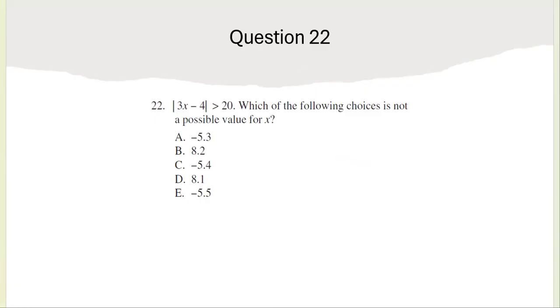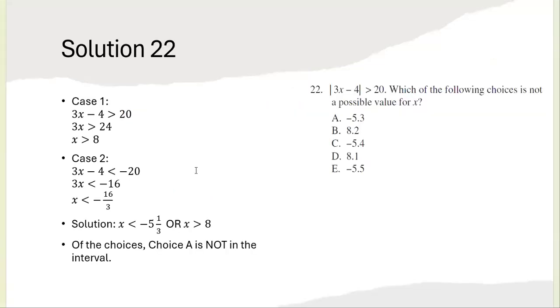22, the absolute value of 3x minus 4 is greater than 20, which of the following choices is not a possible value of x? How do we solve absolute value inequalities?